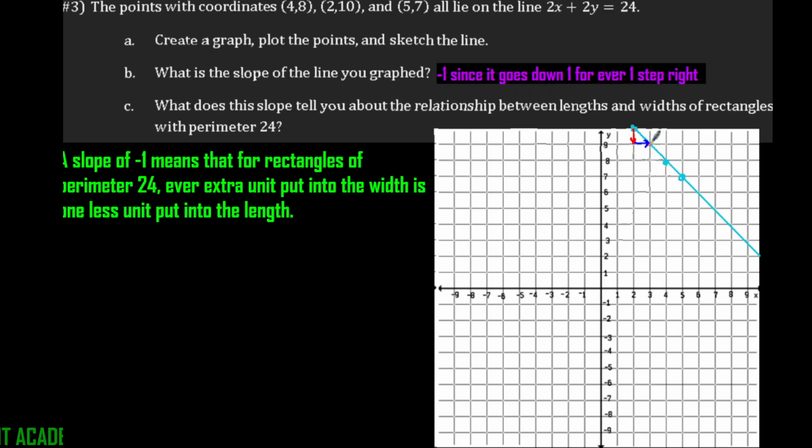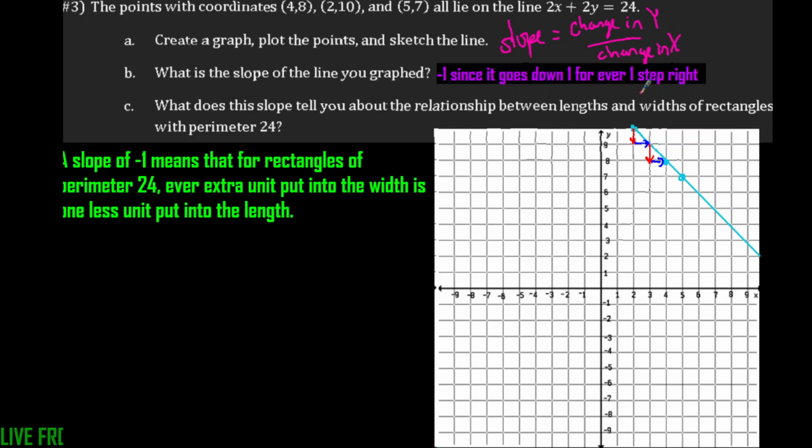It's going down one step and to the right one step. Make sure you're writing your slope as a fraction, because again, slope is still equal to the change in y divided by the change in x.